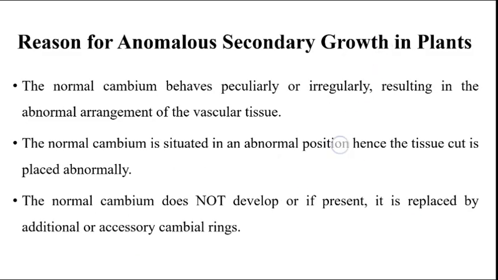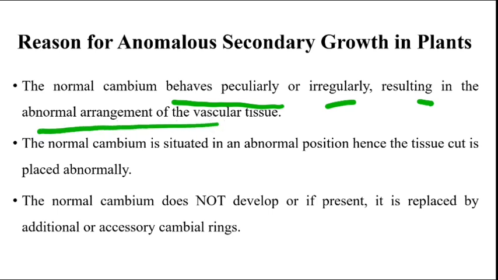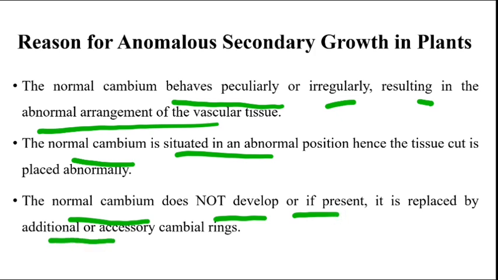So, what are the reasons for anomalous secondary growth? Normal cambium behaves peculiarly or irregularly, resulting in abnormal arrangement of vascular tissue. Normal cambium is situated in an abnormal position, or normal cambium does not develop, and if present, is replaced by an additional or accessory cambial ring. So sometimes normal cambium is there, but it is placed irregularly in an abnormal position.